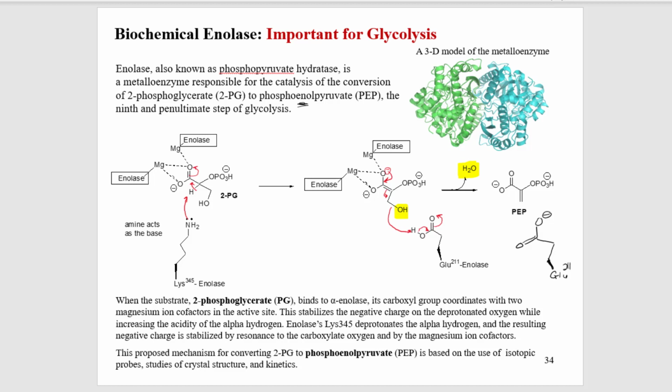So that's kind of cool to see our enolates at work, right? Our alpha protons getting deprotonated so that it can form strong bonds to magnesium in the metalloenzyme. And then you can see it collapses to lose water and form the PEP molecule. All really interesting stuff. So the enolate chapter, alpha carbon chemistry, is something to be aware of.